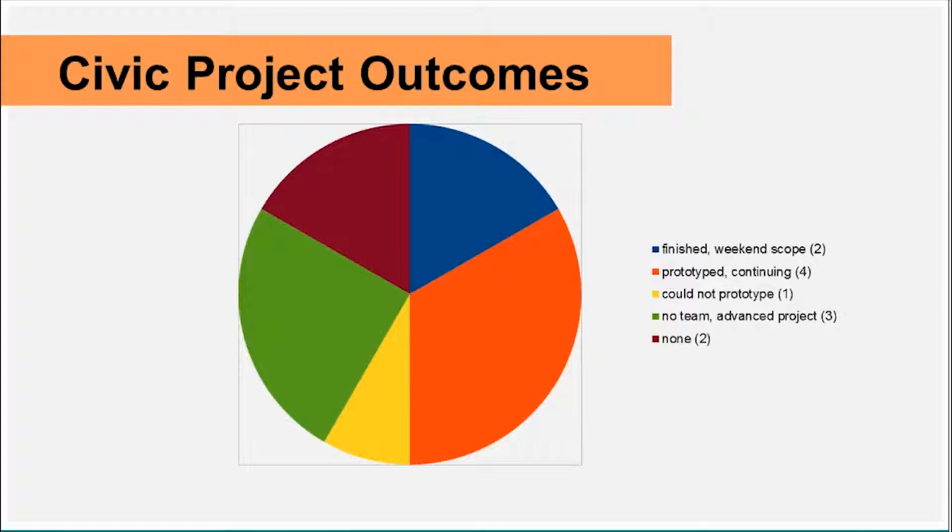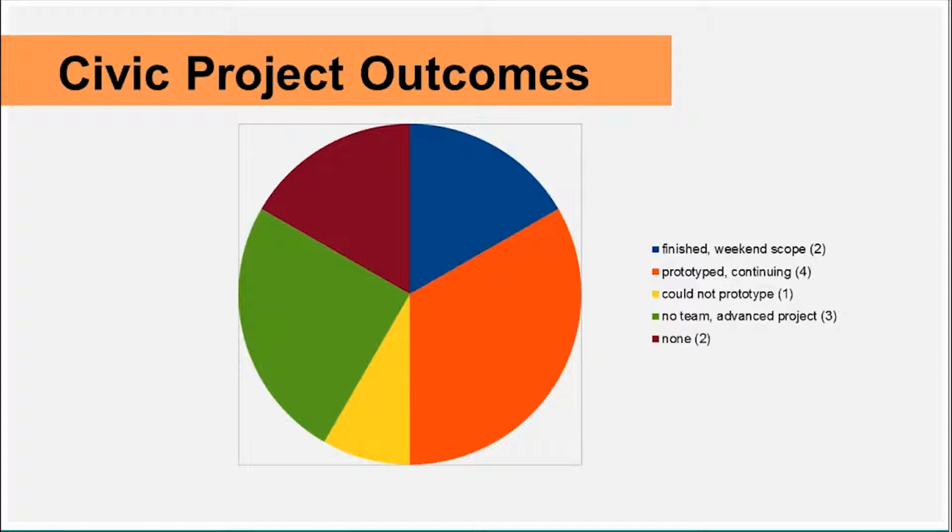A final point that I want to make is that I think one of the things that worked for us really well is from the beginning there was this notion that we needed to hack this forward. This was a weekend event, but whatever was come up with during that weekend, it needed to move forward in order to be successful.